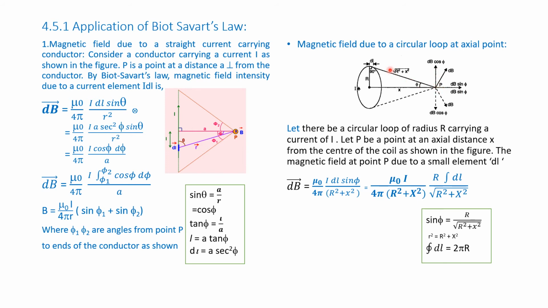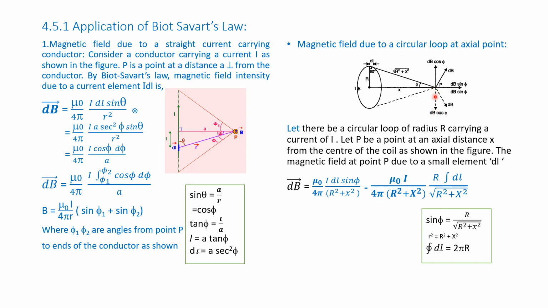Because of the symmetry of the circular loop, there is yet another element dl at the bottom. It gives a magnetic field dB like this, shown as a dotted line. This dB also has a vertical component but pointing downwards, that is dB cos phi.